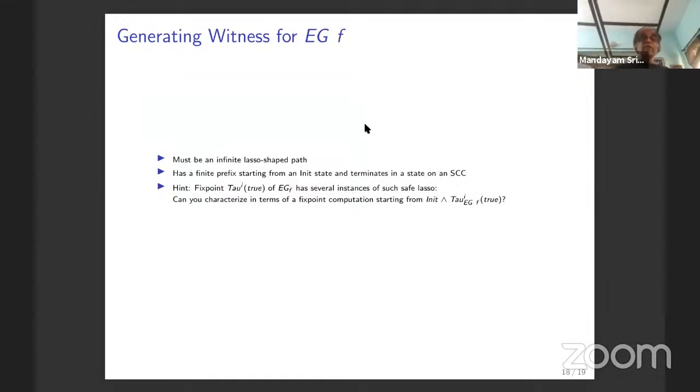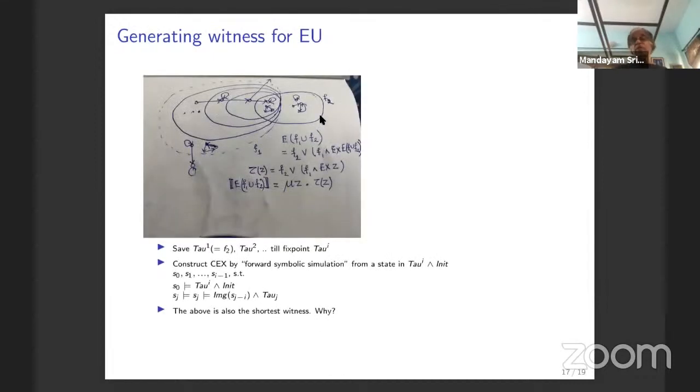So generating witness for EG of F. So EG of F, because here at least you have F2 as the thing, and you only need to consider the witness can be generated as a finite prefix leading into F2, into a state that is in F2.